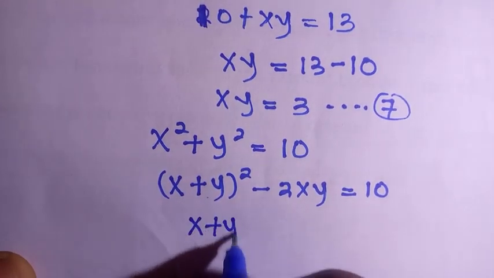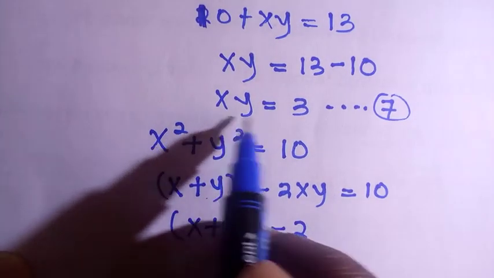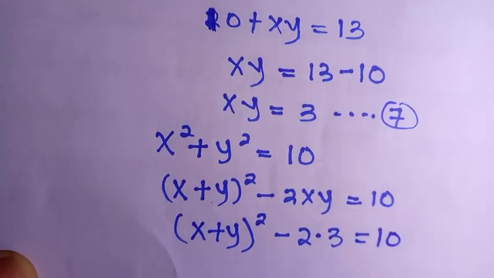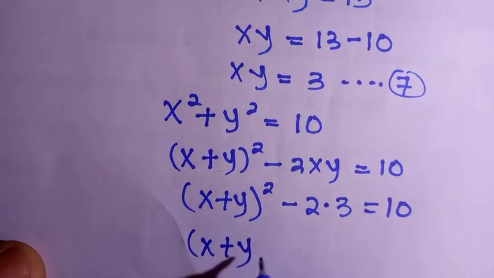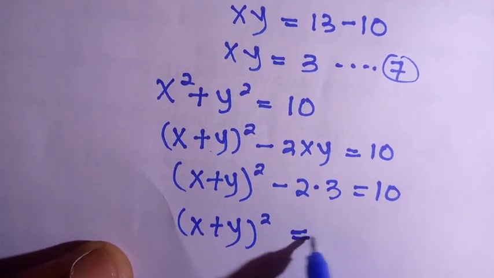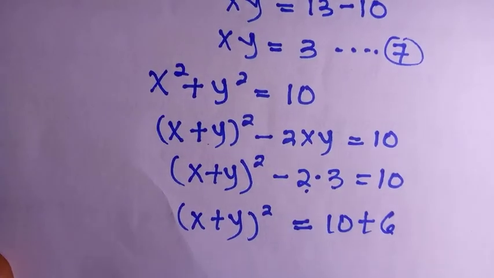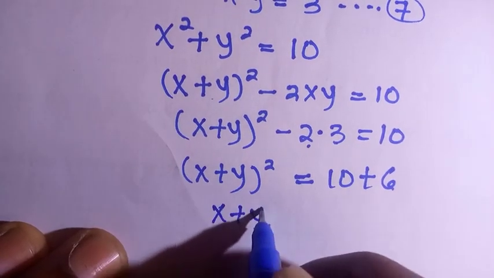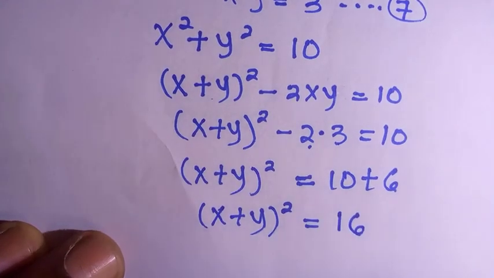So this is (x plus y) all raised to power 2 minus 2 times xy, that is 2 times 3, equals 10. If we multiply 2 by 3, that is 6, then we transfer it to the other side. So here we have (x plus y) squared equals 10 plus 6, which is 16.